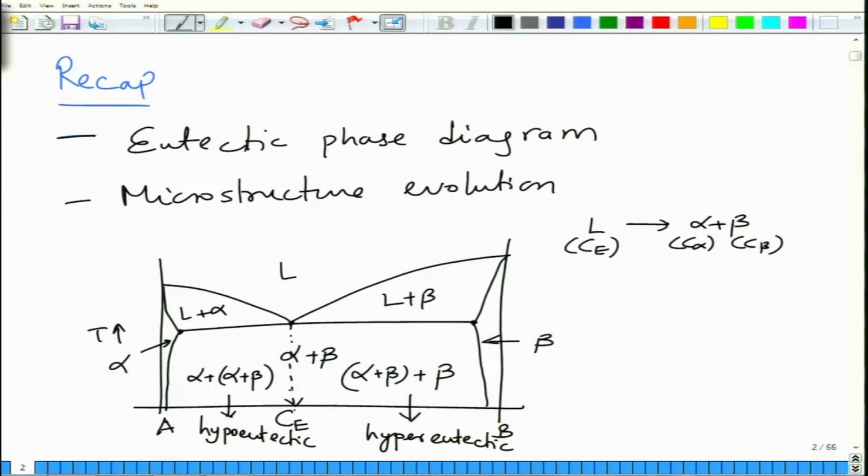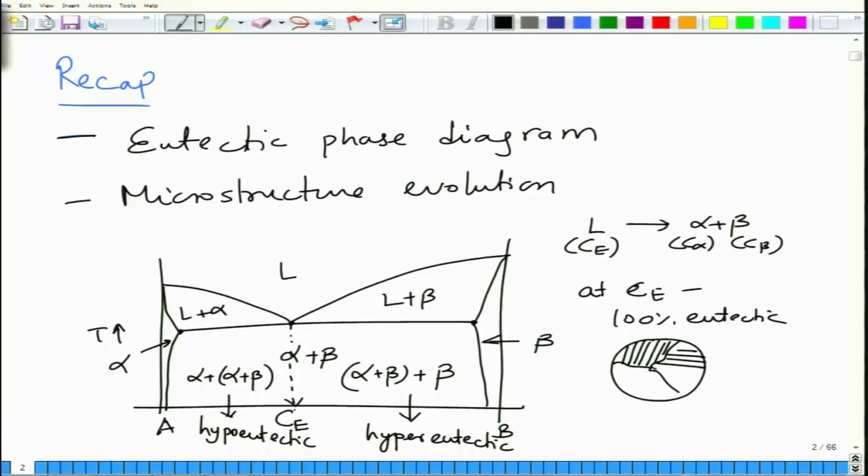At the eutectic composition, CE, you have 100% eutectic, and this has a morphology in which you will have colonies of alpha and beta phases. So this is the alpha plus beta eutectic mixture.